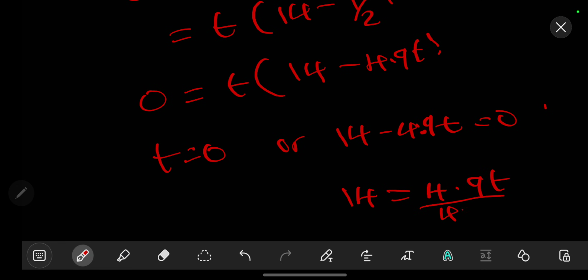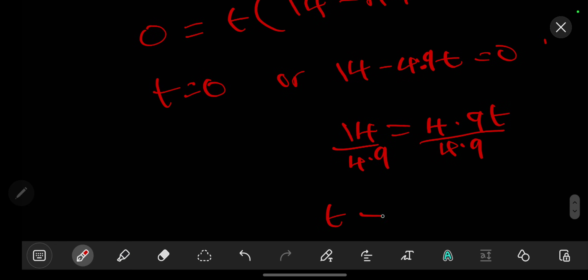We divide by 4.9, which gives us a t value of 14 divided by 4.9, which is 2.86 seconds. So either you do that or you do this, you're still going to get the same answer.